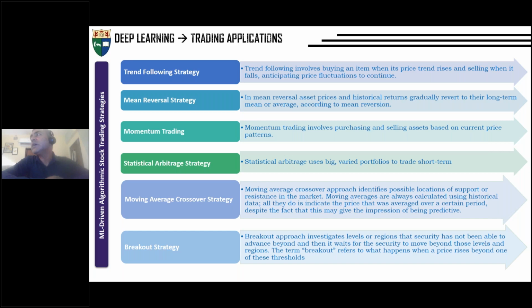Here, if an asset class is uptrending, we would rather sell it, because we think that it will very soon or at some point in time revert back to its long run mean, and it is currently trading above its long run mean, so we will sell it. We will take a short position. And vice versa, if an asset class has a downward trend, currently downward as compared to its long run average, we will buy more of it. We will open a long position in that kind of asset class.